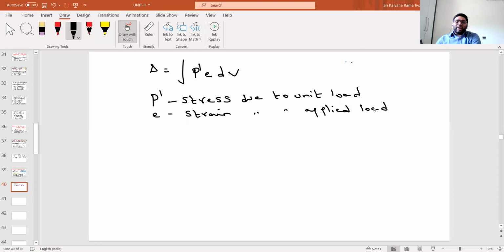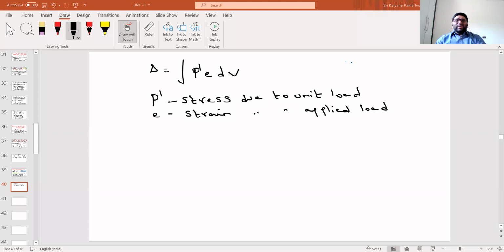Unit load is a fictitious or dummy load which will later be replaced by the original parameters. But when it talks about strain in a body, first strain comes and then the stress. So a strain in a body is because of the applied load. That is why we have chosen the stress due to the unit load and the strain due to the applied load.